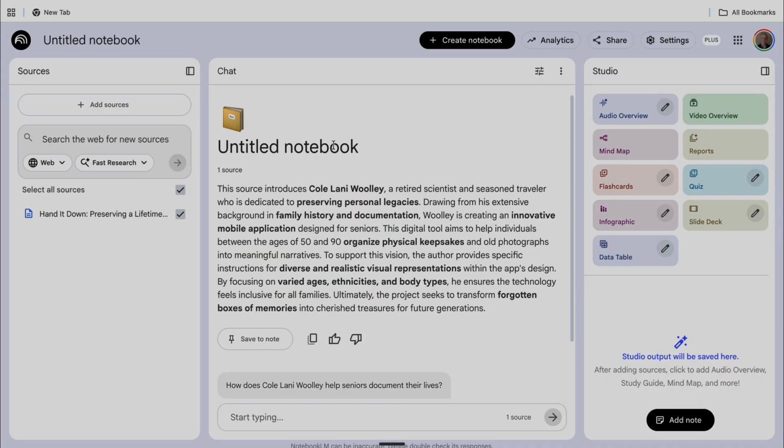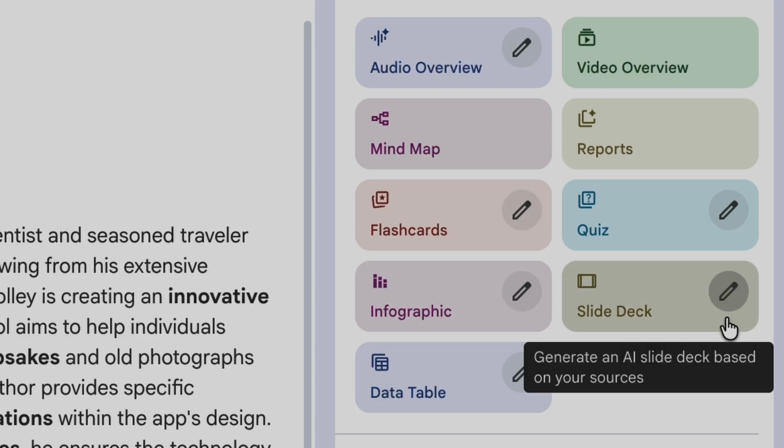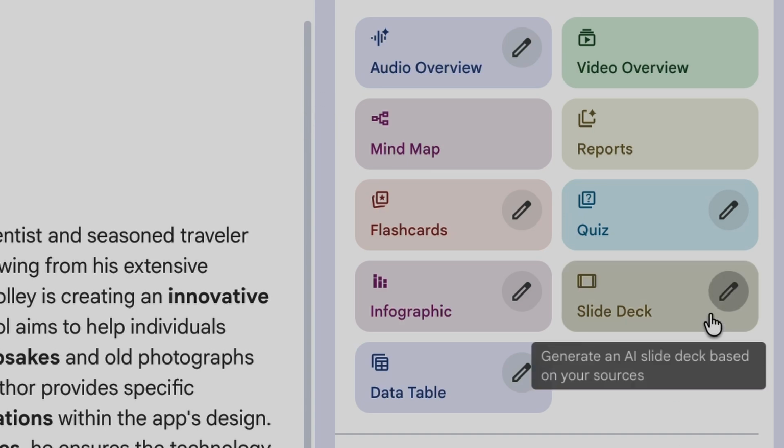Oh, I wanted to make a title for this, but I guess I'm too late. But let's go over here, and what I want to do is a slide deck. So look at all the other options you have. You can do data tables, flashcards, mind map, reports, quizzes. Well, we're going to do a slide deck.